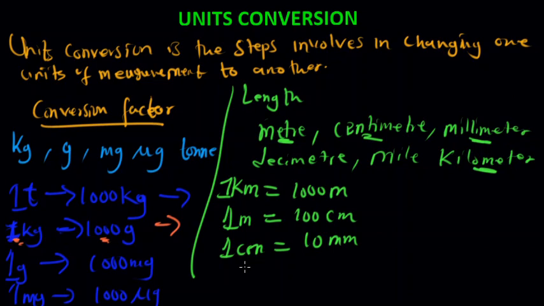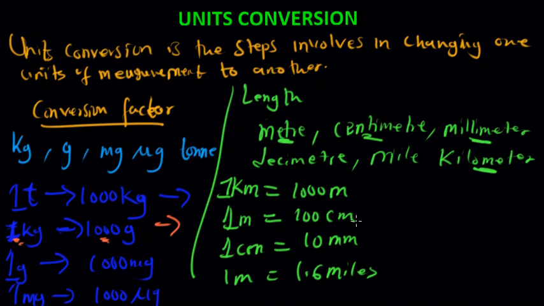And then we have the last one, that is kilometer and then miles. So 1 meter is equal to approximately 1.6 miles. I think that is right. So we have feet, and then we have the rest.